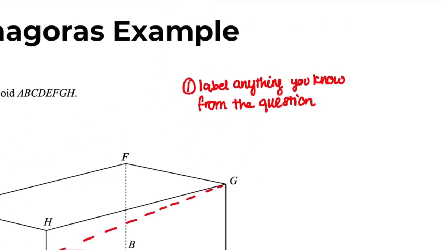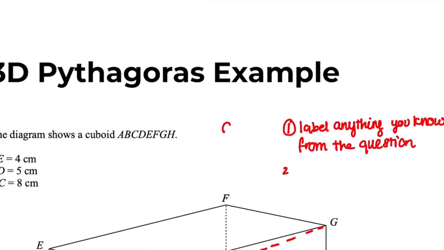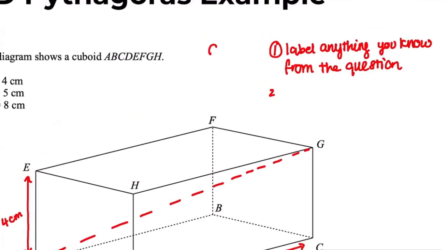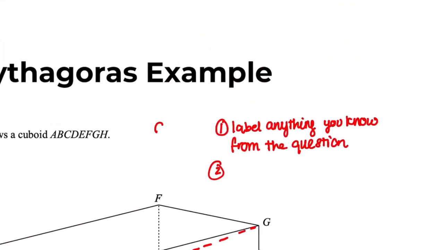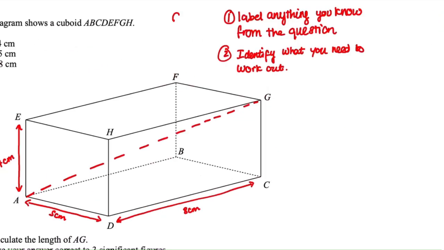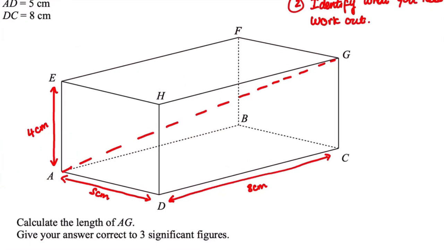Once you've labeled anything you know from the question, you would draw the line you need to work out. So identify what you need to work out. So we've identified what we need to work out. This is going to be X. AG is what we need to work out.